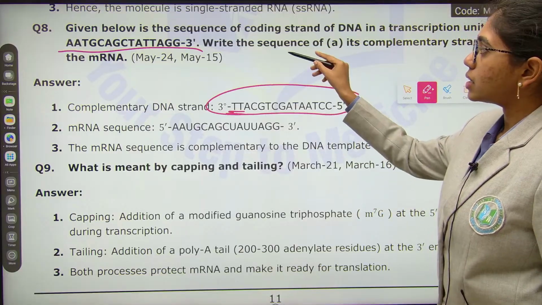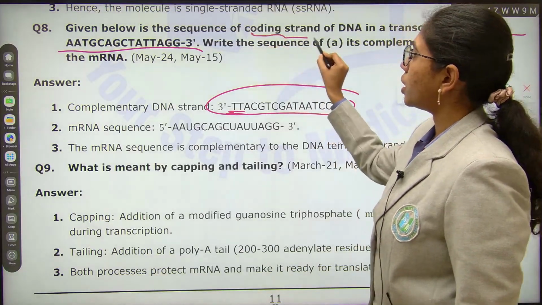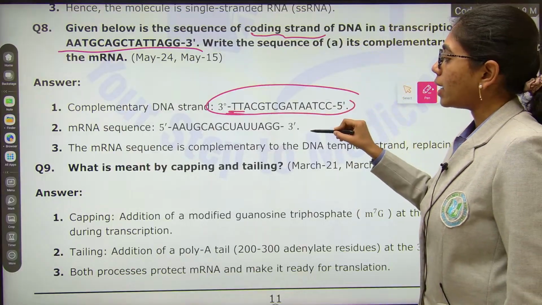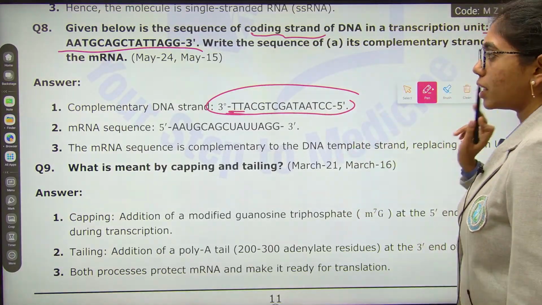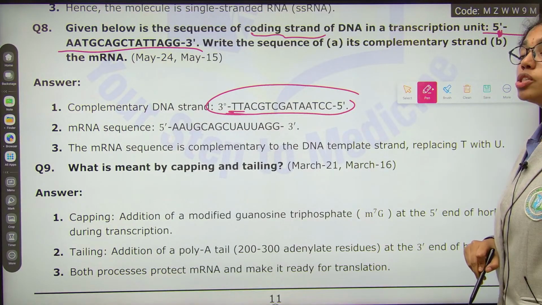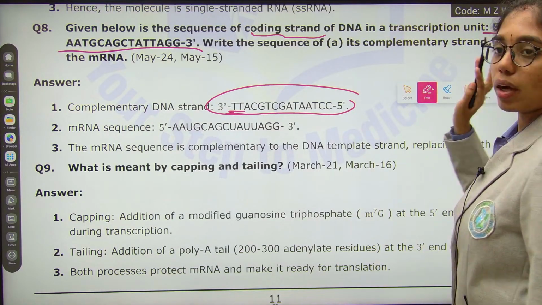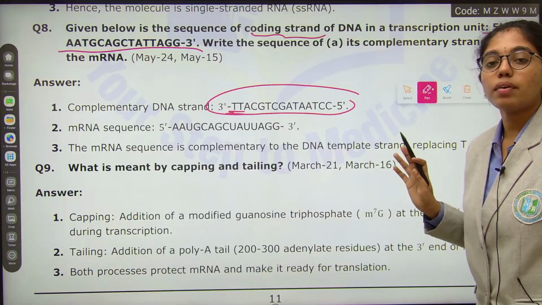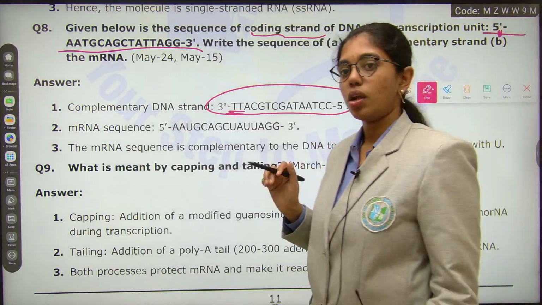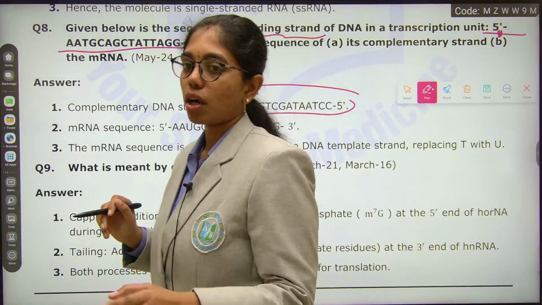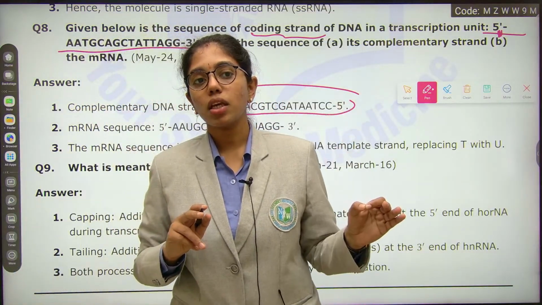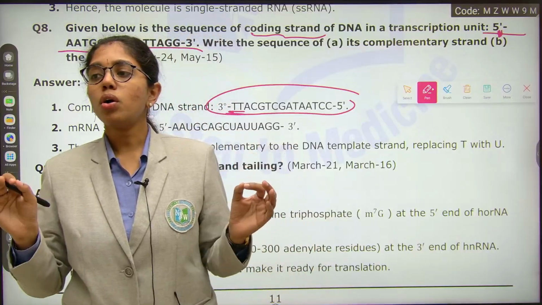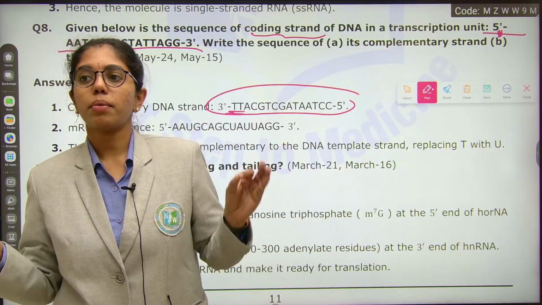Now, as the coding strand is mentioned in the question, the mRNA will be the same as the coding strand, except that in place of thymine in the mRNA sequence, uracil will be there. Whenever the coding strand is given in the question, not only in IPE but in MCET or NEET, and they ask for the mRNA, don't change anything from 5 prime to 3 prime.